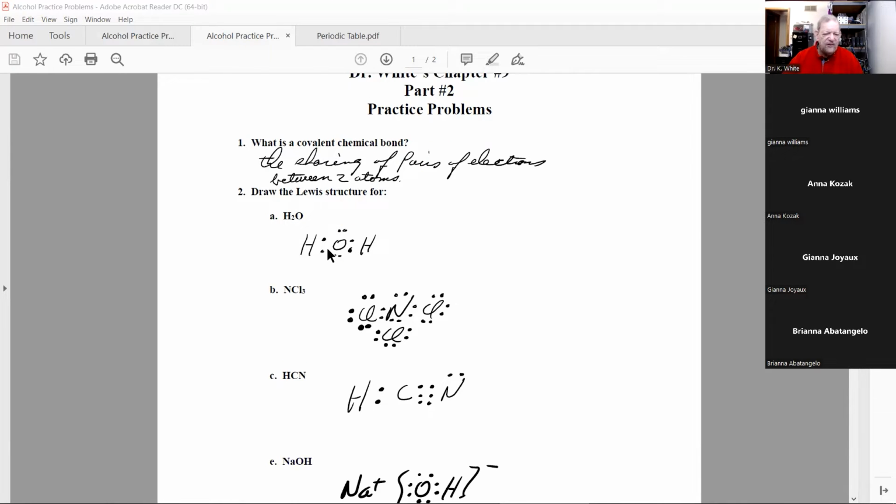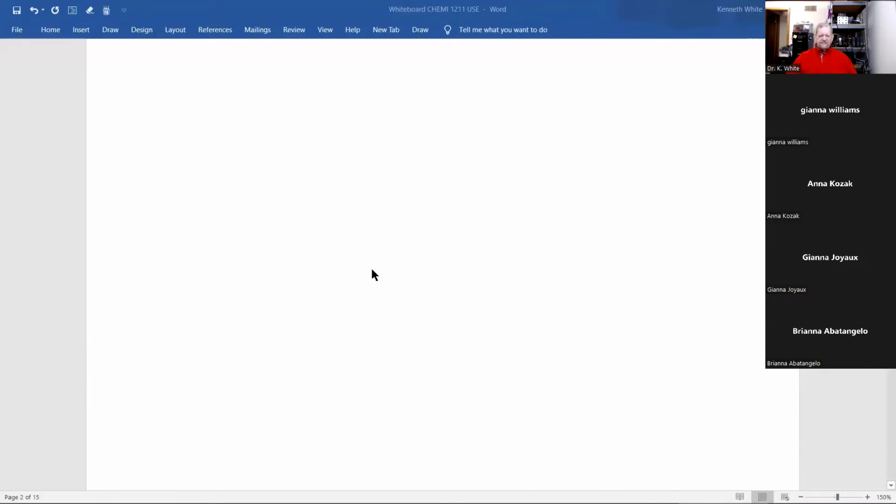All right, here, draw the Lewis structures for the following. How do we do that? Well, you find the number of valence electrons. And let's look at water. Hydrogen has 1 valence electron, oxygen 6 valence electrons. Each hydrogen has 1.